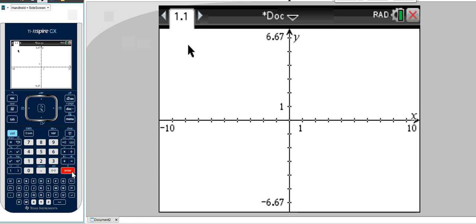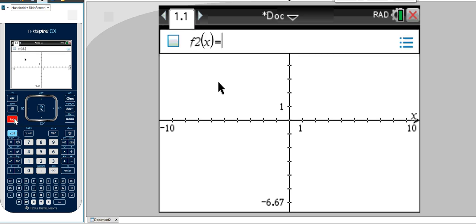And you're going to hit enter. Notice you don't see that on the screen, and that's okay because we're going to fix that in just a minute. But you're going to hit tab to put the next equation in, which is going to be 0.26x. Hit enter.